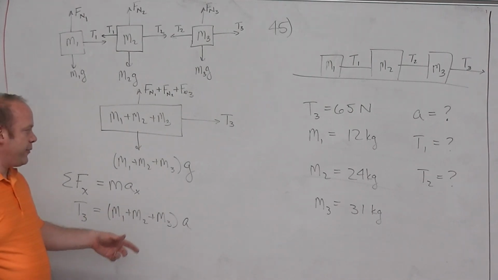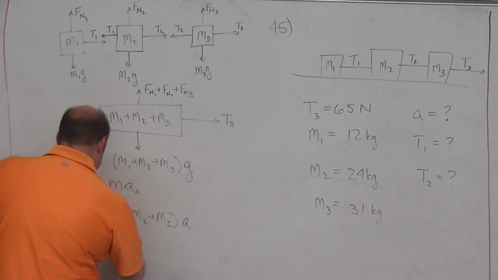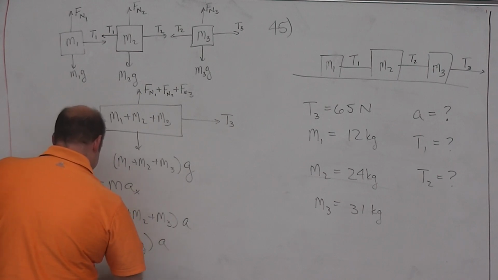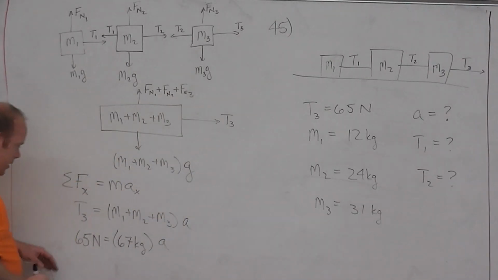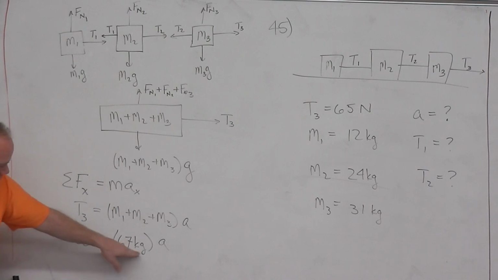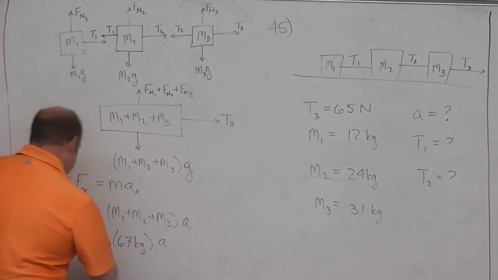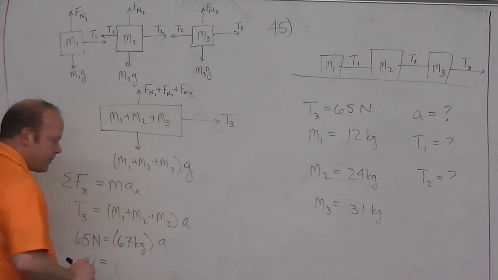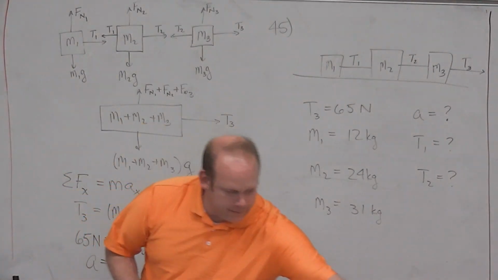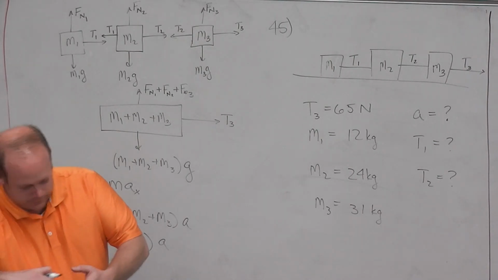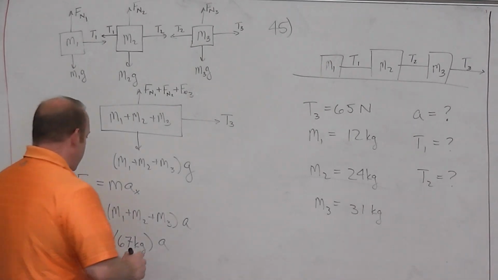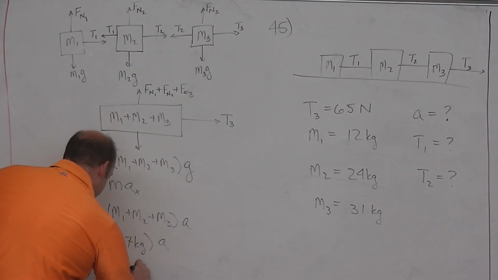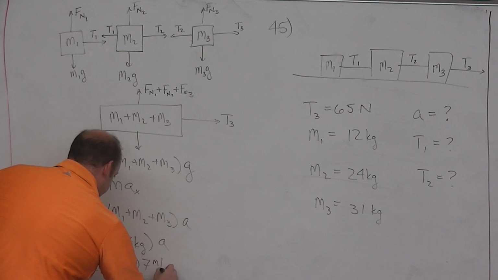M1 plus M2 plus M3, that's 67 kilograms, times A. So 65 newtons is equal to 67 kilograms times A. So my acceleration in this case will equal 65 divided by 67, which is 0.97 meters per second squared.